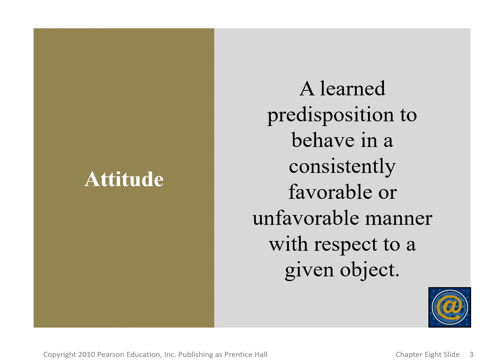Before we go further to discuss several components and structural models, and also characteristics of attitudes, we need to start with the definition of attitudes. This is a learned predisposition to behave in a consistently favorable or unfavorable manner with respect to a given object. Here we can know that attitude is talking about a tendency or predisposition to behave in a certain way, to show whether we favor or disfavor a specific object.